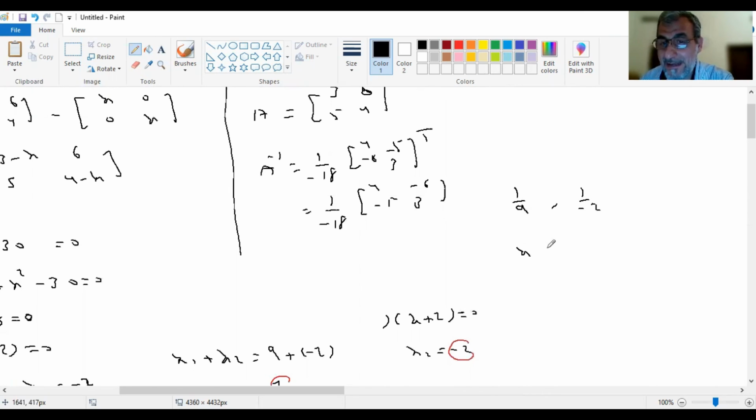So if lambda is the eigenvalue of A, then 1 over lambda is the eigenvalue of A inverse. Now this one I leave it to you to prove. So it will be 1 over 9 and 1 over negative 2.